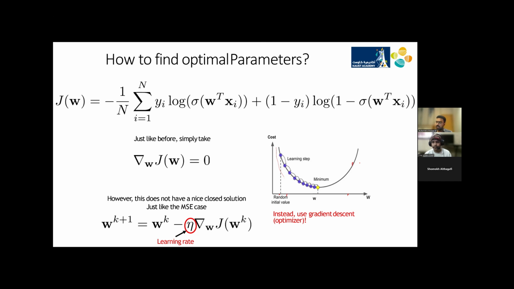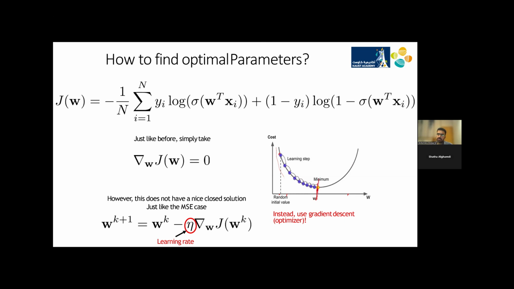Okay. You will randomly start with some W. And your eventual goal is to reach a W which will have the minimal cost, right? Okay. So let's say we start with random initialization of W and we got this cost. Now we need to reach this W, right?